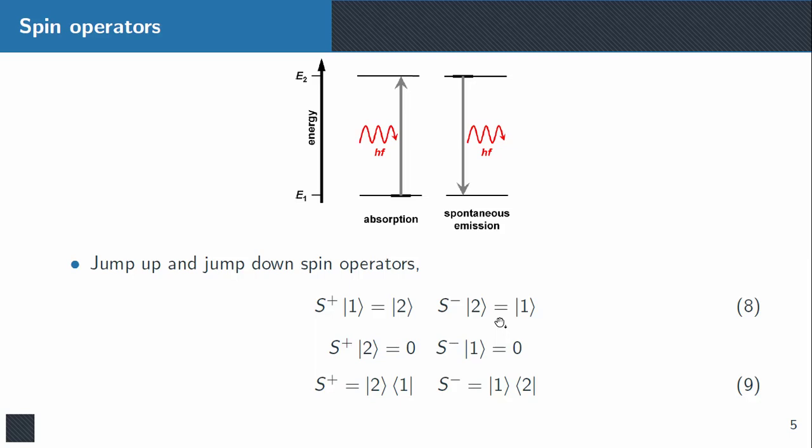As we have the constraint of the two-level system, when the spin up operator acts on the high energy state, it gives us zero, as there is no energy state higher than the ket 2. Similarly, when spin down acts on the ground state, it gives us zero, as there is no energy state below the ground state. So we could infer that the spin up and spin down operators should have the projection operator form given in equation 9.